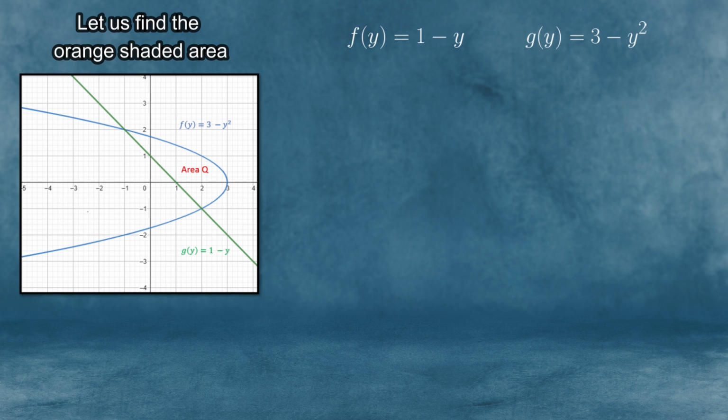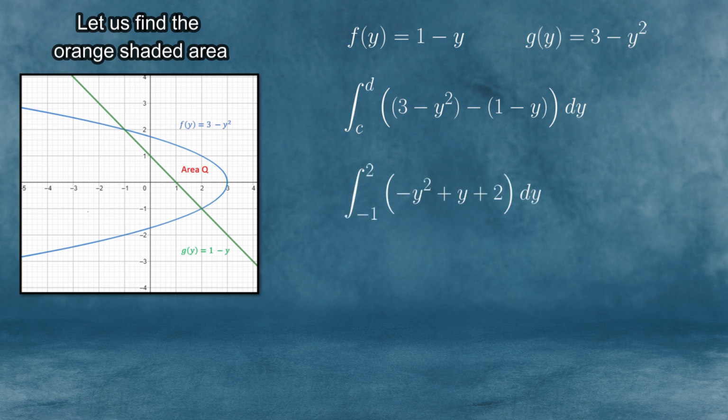Now, as x equals 3 minus y squared is to the right of minus y plus 1, we need to do the integral from c to d of 3 minus y squared plus y minus 1 dy, where c and d are the points of intersection between those two curves. If we find the points of intersection, those values are c equals negative 1 and d equals 2.